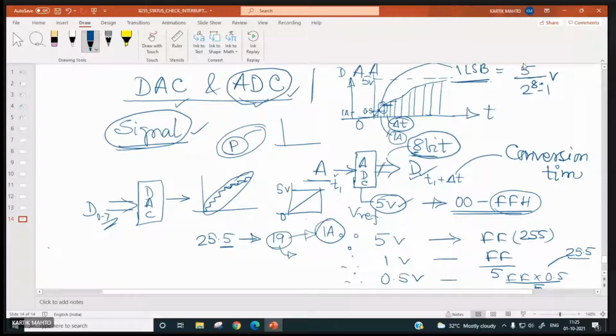But due to many other advantages of the digital system, we find that the accuracy achievement in a digital system is left to our design. We can make it more and more and more accurate. But in case of ADC, that is going to be a very difficult task.